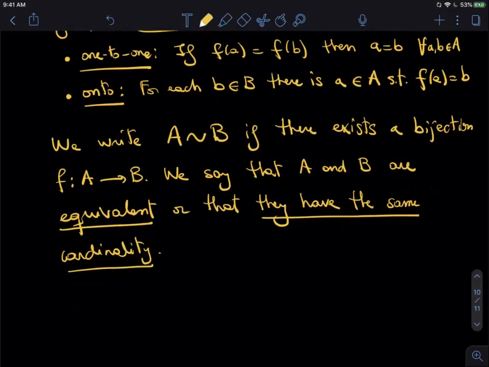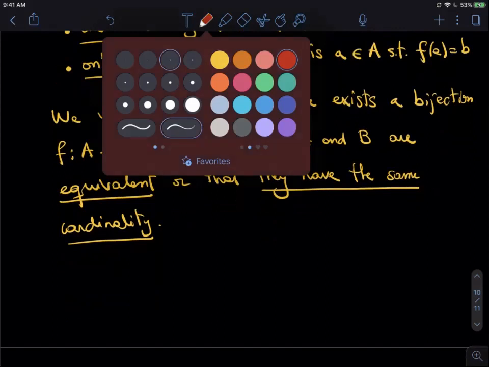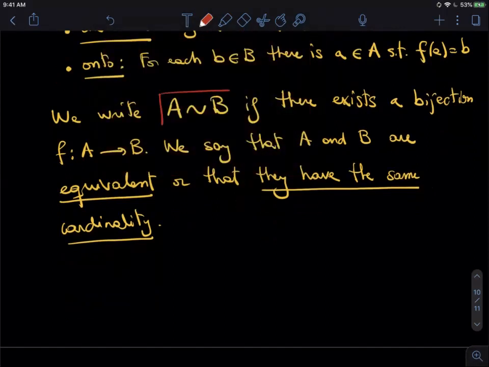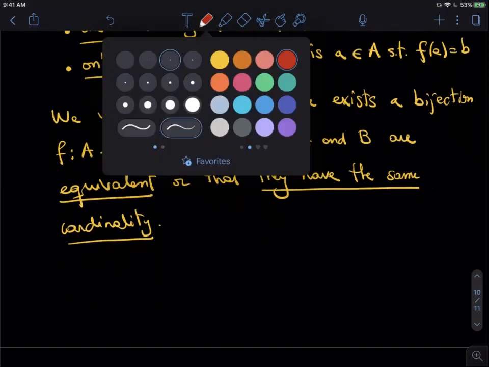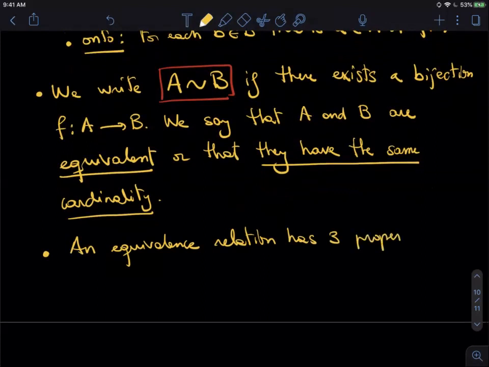So there are three properties that I want to emphasize about this equivalence relation. An equivalence relation has three properties.